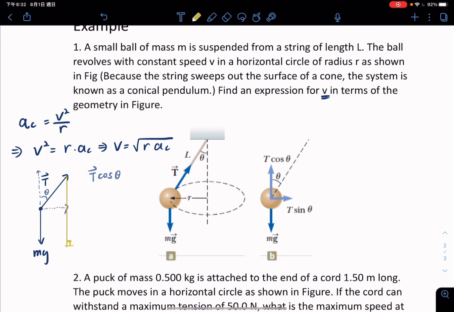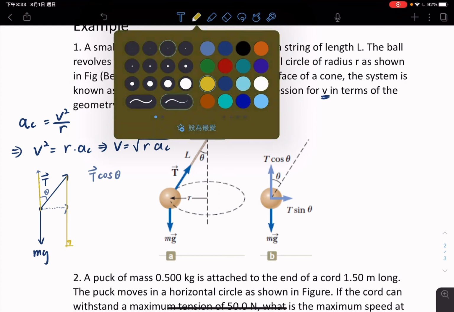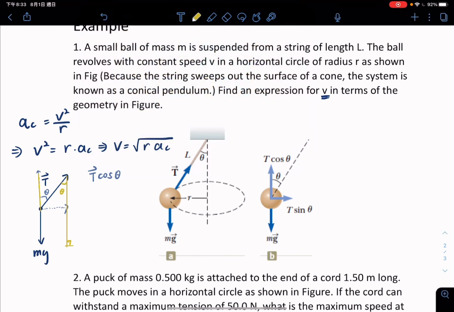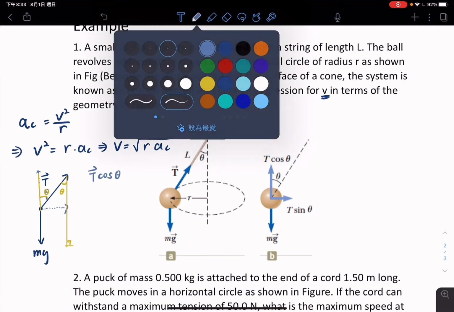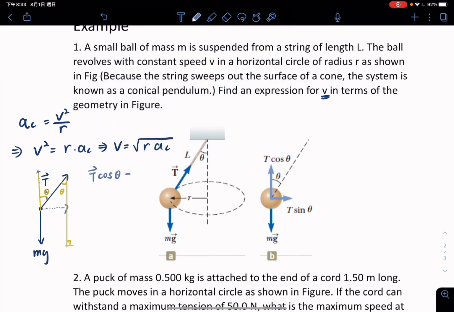perpendicular to the ground, and this is also perpendicular to the ground. As a result, these two yellow lines are parallel to each other, and then if we have theta here, then here is theta, and then T cosine theta is equal to NG.